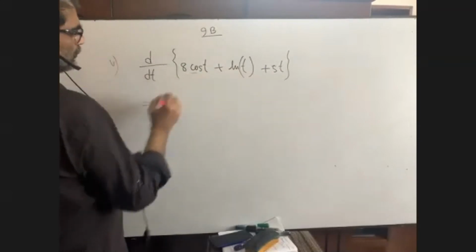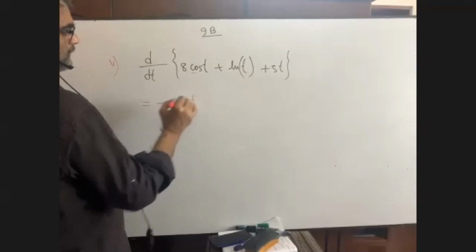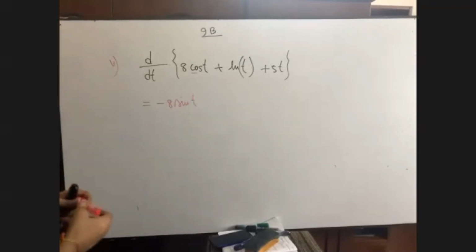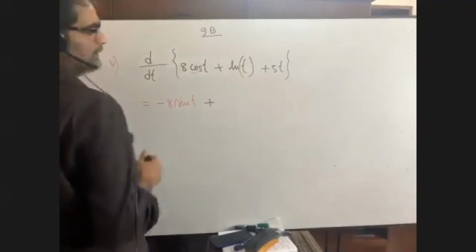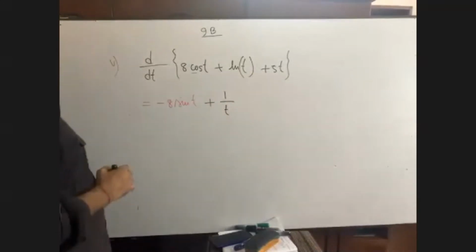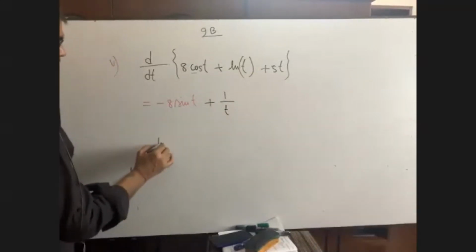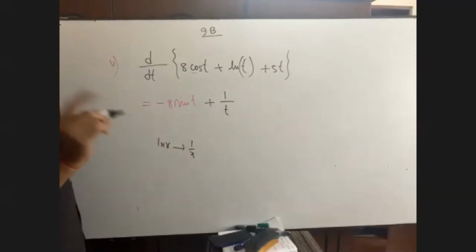It is co, so definitely minus. Have you got me? Yes, sir. Now ln t equals to what? That day I proved ln x. Can you remember, 1 by x? Yes, sir.